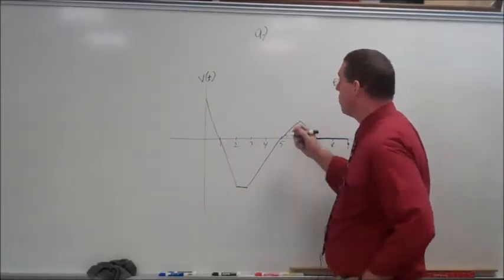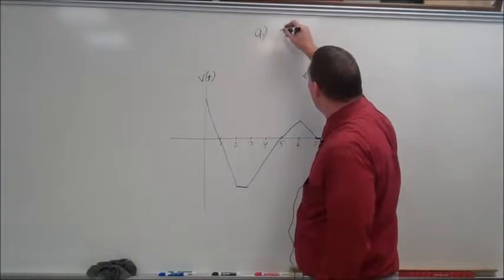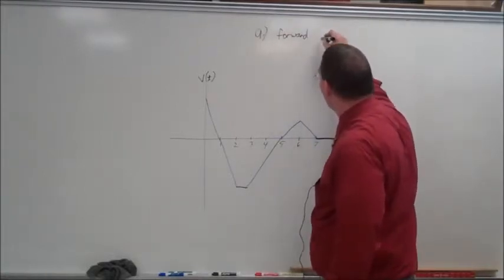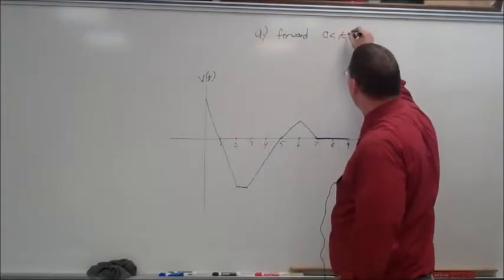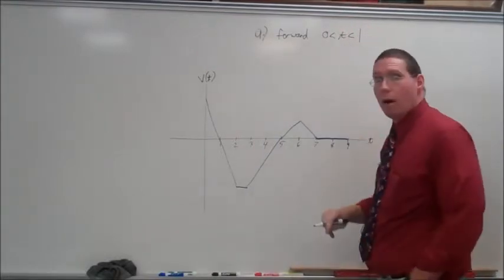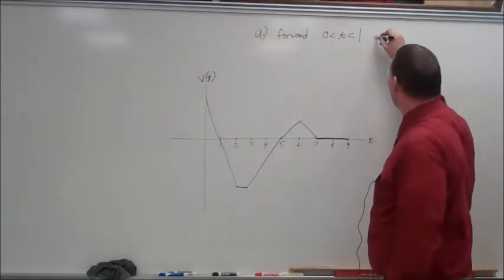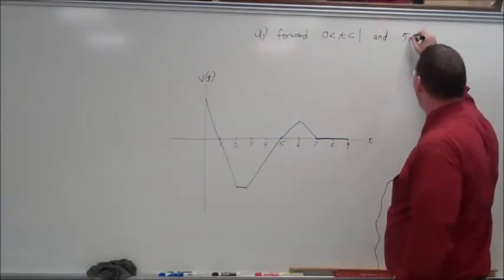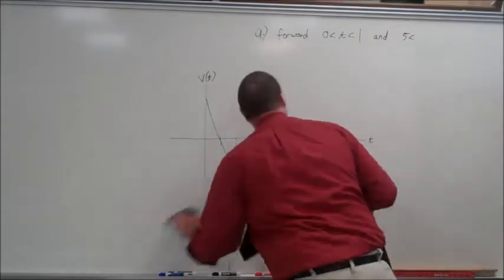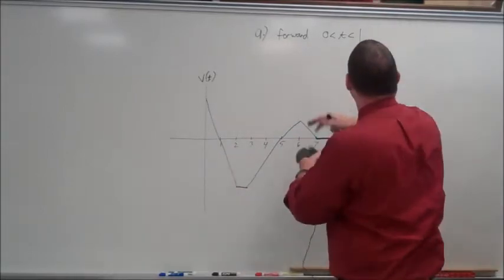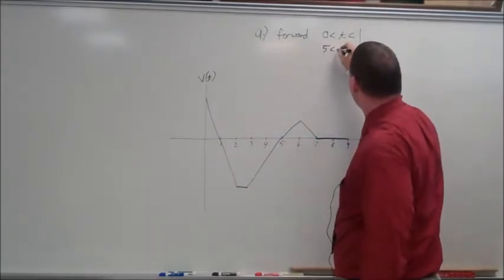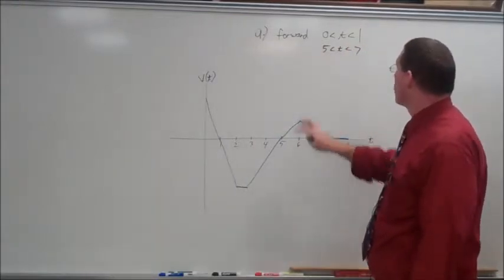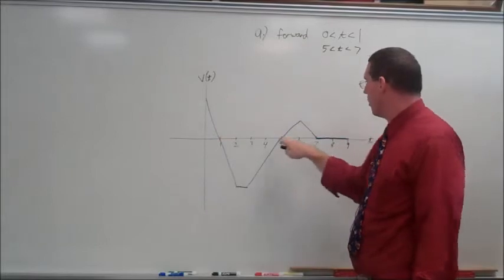So this object is moving forward for t between 0 and 1, and for t between 5 and 7. So let's just say 0 to 1 and 5 to 7. Okay, so it's moving forward from 0 to 1 and from 5 to 7.